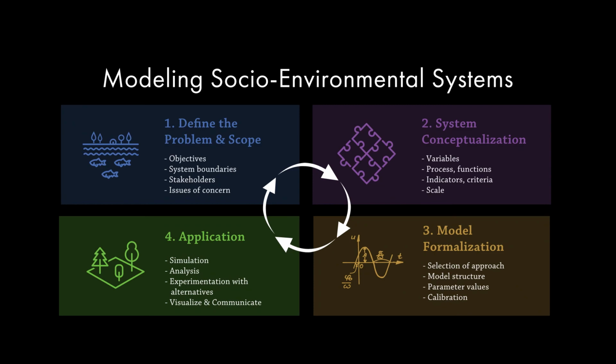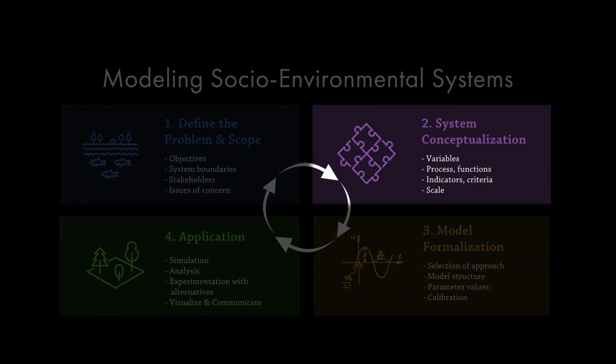In fact, let's take a detour and focus for just a minute on the conceptualization process. Recall, it's one of the first steps in modeling. It is critical that the team has thought about the process they will use to reach agreement on how the socio-environmental system being studied is structured, its components, what interacts with what, and over what temporal and spatial scales.